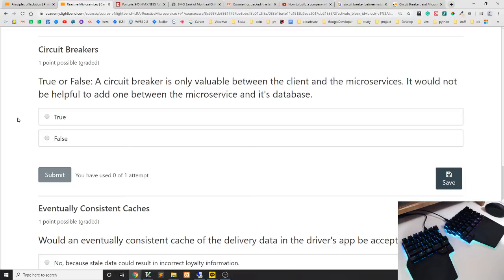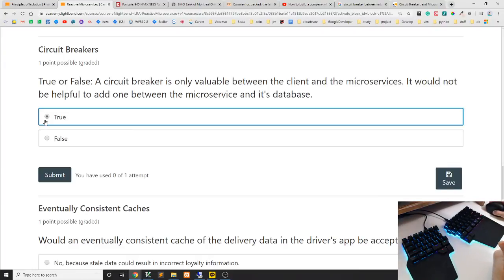But for the database, it is a synchronous system. Whenever I ask the question, it answers back to the microservice right away, so there is no chance to ask the database one more time until it returns the answer. So it should be true.